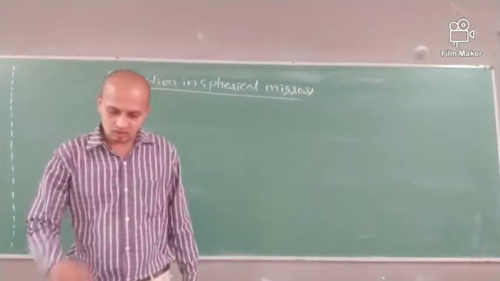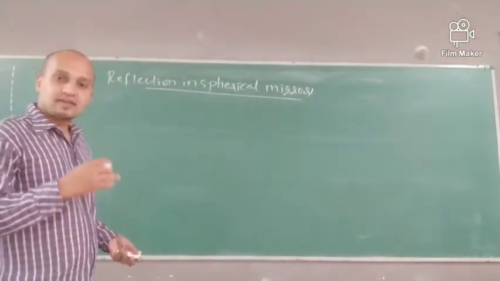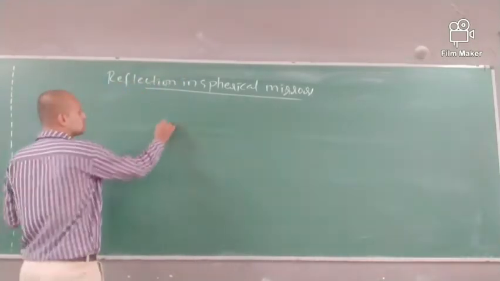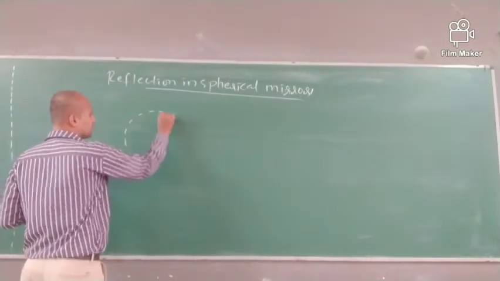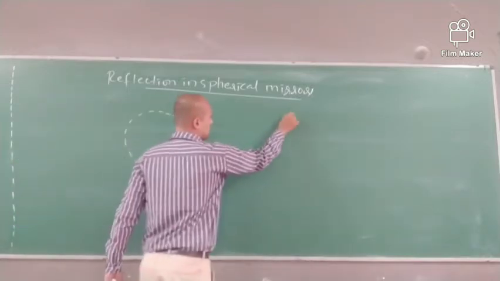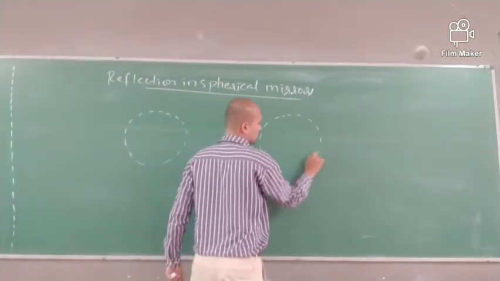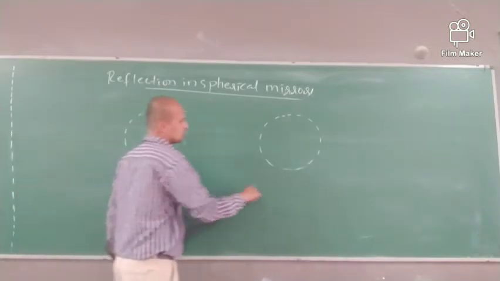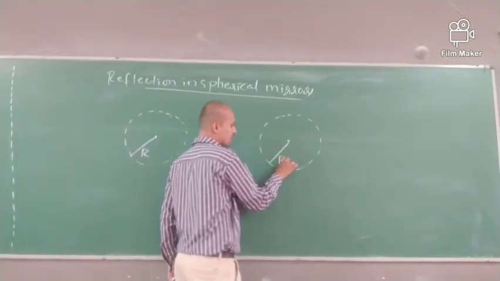Reflection in spherical mirrors. When I say reflection in spherical mirrors, what do I mean? Let me draw a sphere having radius r. This is the center of a sphere having radius r.